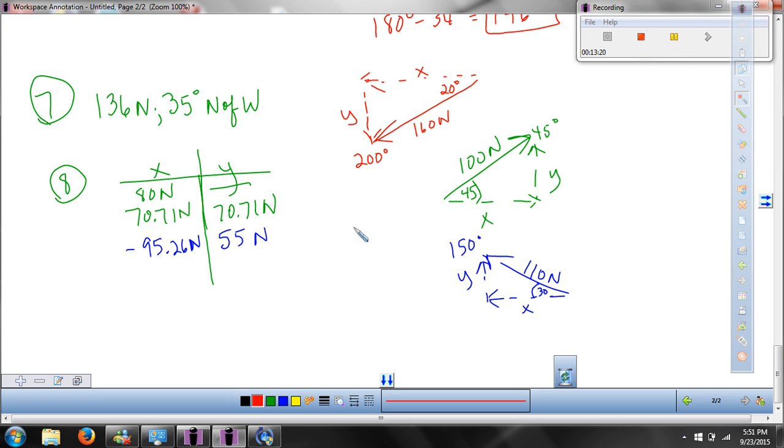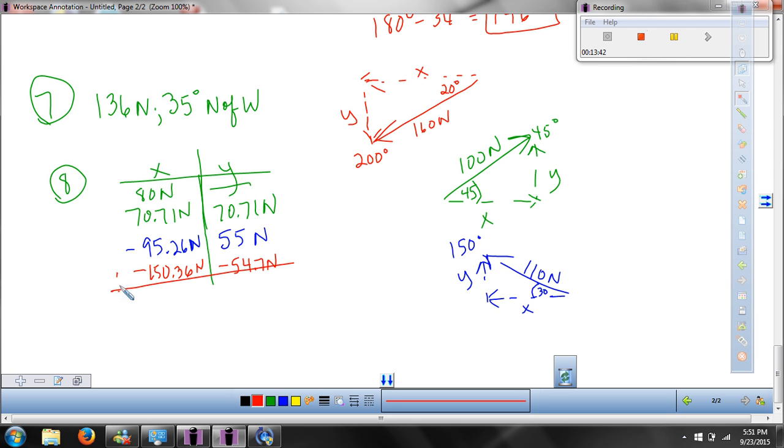So when I did cosine of 20 times 160, that gave me my X. My X wound up being a negative 150.36. And my Y wound up being a negative 54.7.